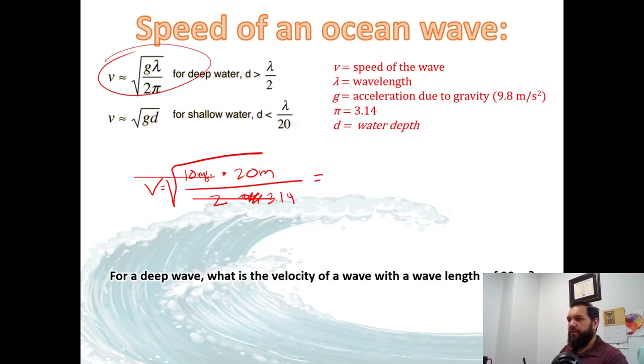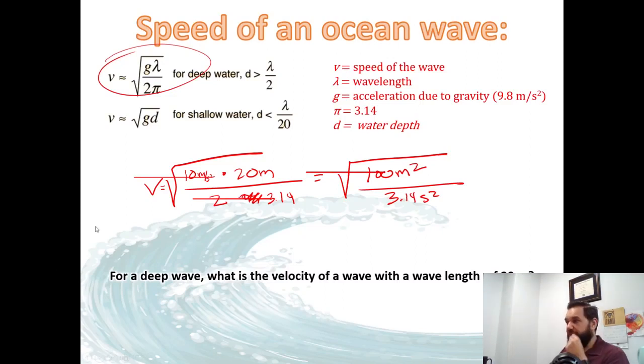So that's equal to the square root of 100 meters squared over 3.14 seconds squared.